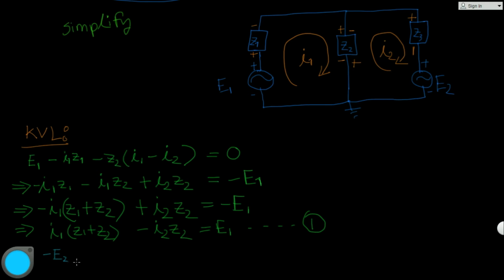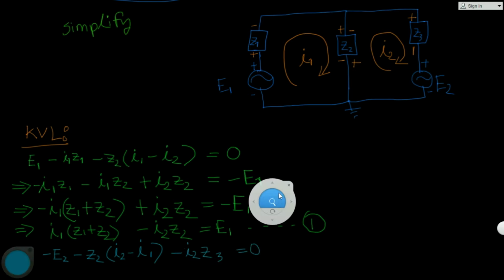And for loop 2, minus E2 minus Z2 into I2 minus I1 minus I2 Z3 equal to 0.